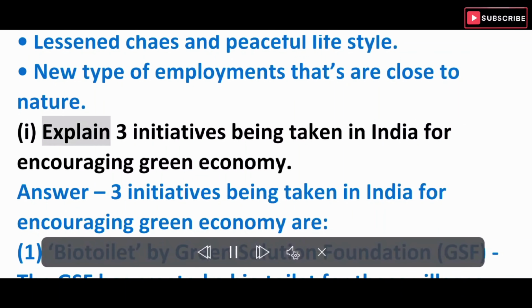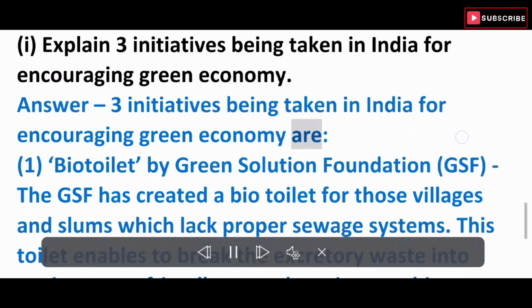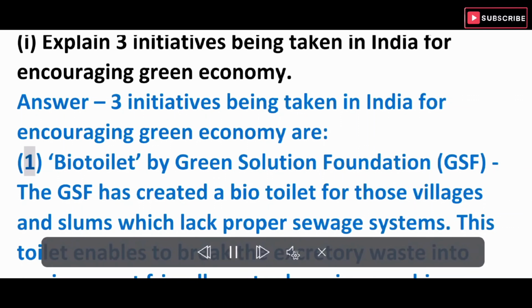I. Explain 3 initiatives being taken in India for encouraging green economy. Answer. 3 initiatives being taken in India for encouraging green economy are: 1. Biotoilet, by Green Solution Foundation, GSF.